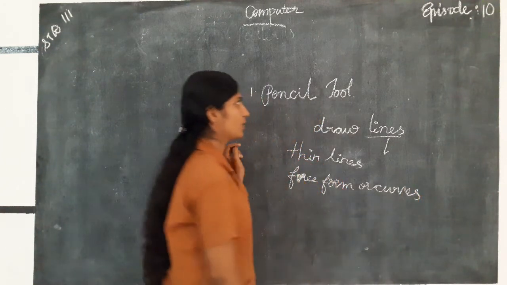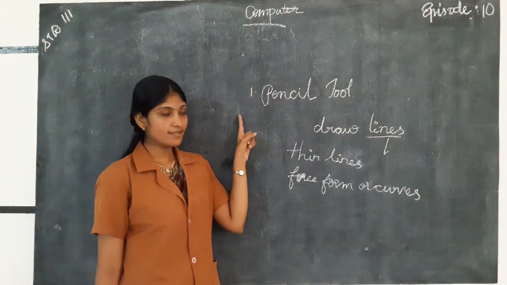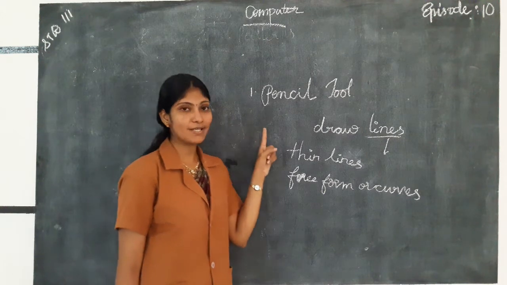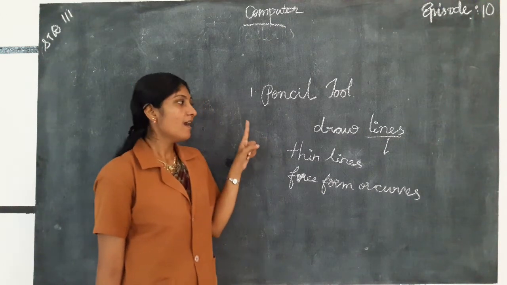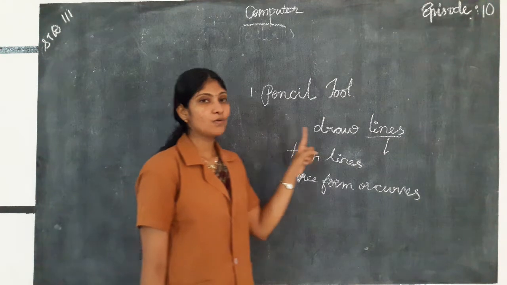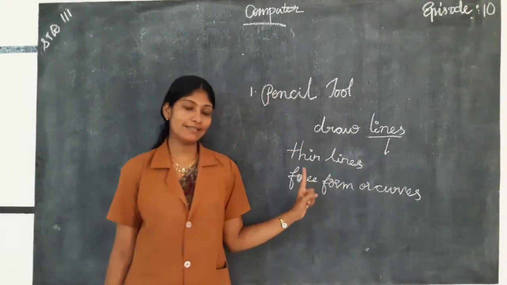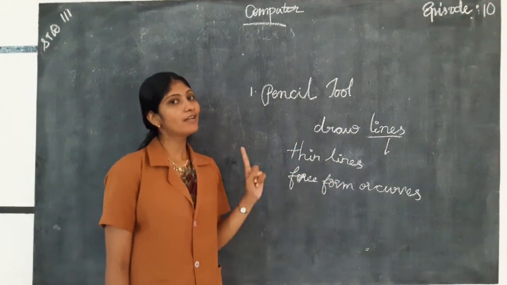C-U-R-V-E-S, curves. So once again, what is the first tool? Pencil tool. It looks like a pencil. It is used to draw lines like thin lines, free forms or curves.